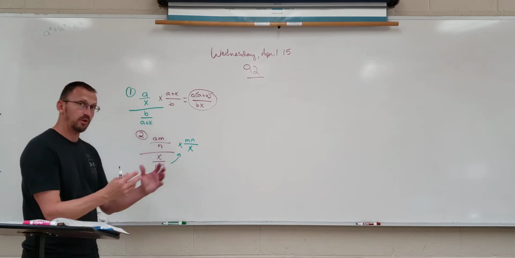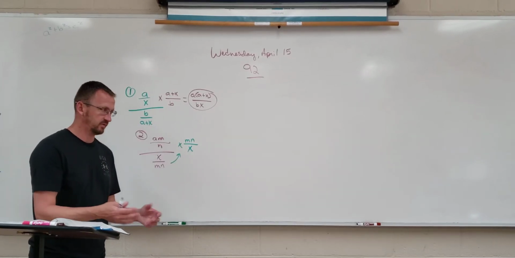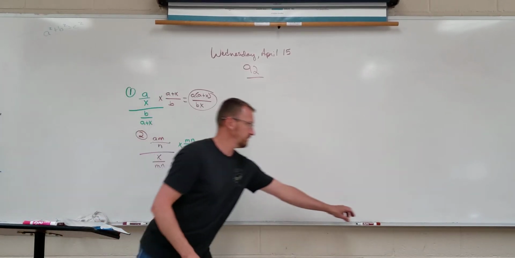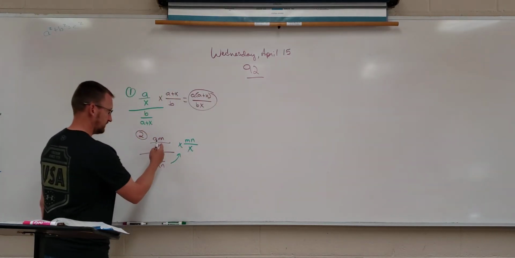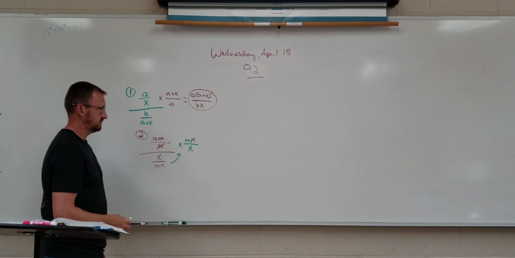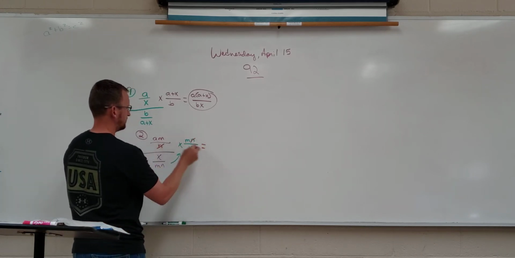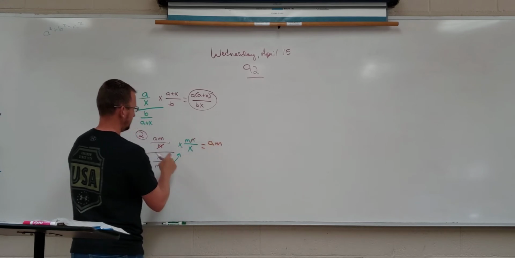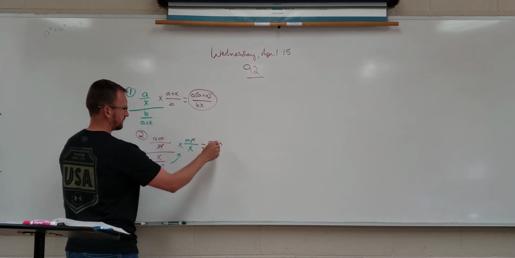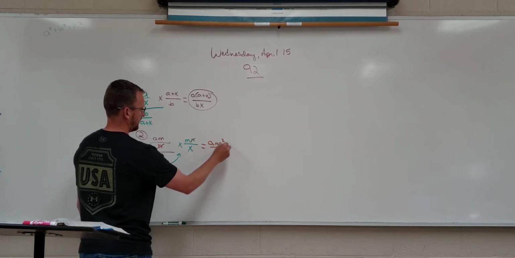Now, I will also say if there's something that we can cancel out, just like in 7th grade math, let's cancel them out, as long as it's above and below, such as n. So, multiply: a m squared. We add our exponents, over x.